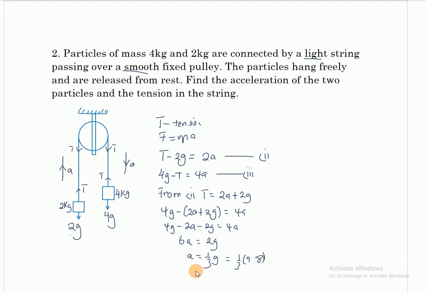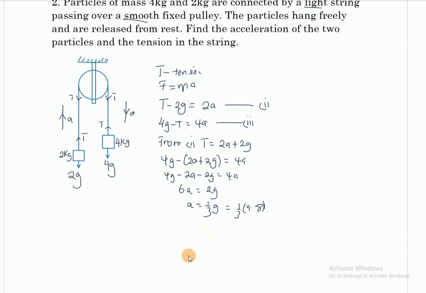a is a third of 9.8, which is 3.27 meters per second squared. With that as the value of a, we can get T from equation 1. It is equal to 2 times a third of g plus 2g.